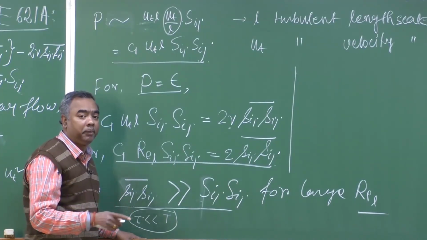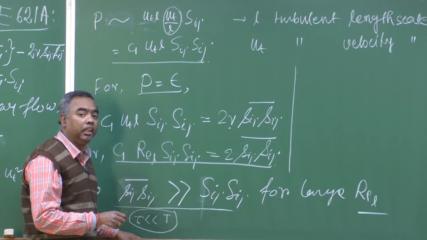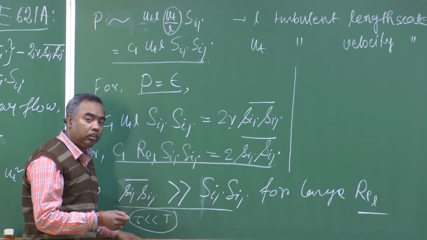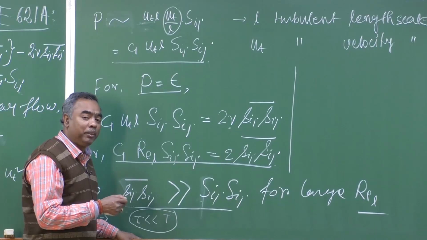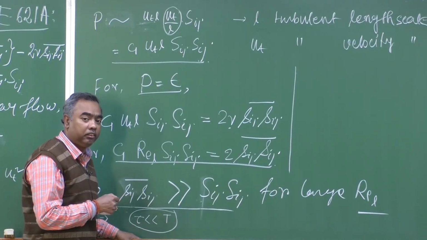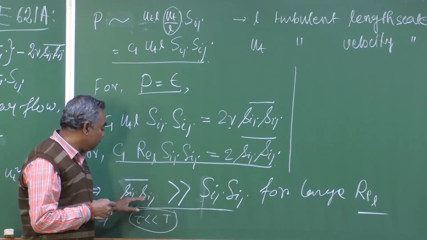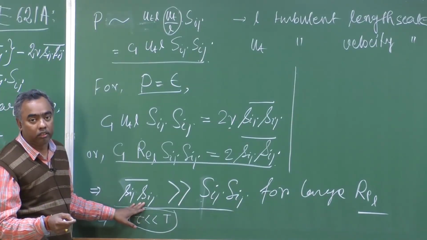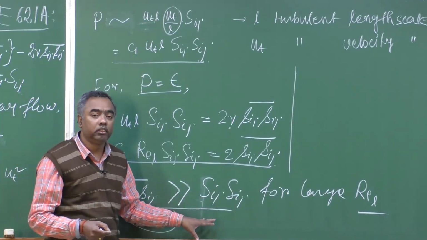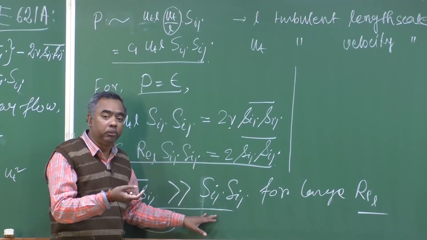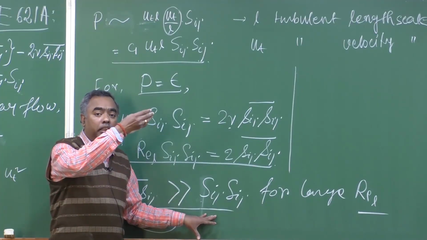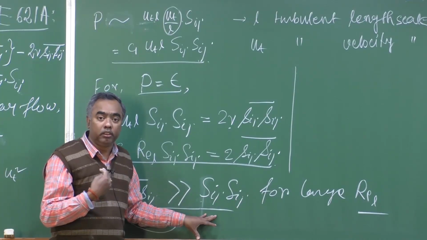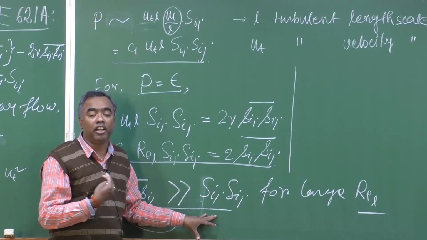So, the frequency of large scales and the frequency of the small scales at which the turbulent dissipation occurs are different. That means they are not correlated. So, the scale at which the turbulent dissipation occurs and the scale at which energy extraction happens from the mean flow are not correlated.